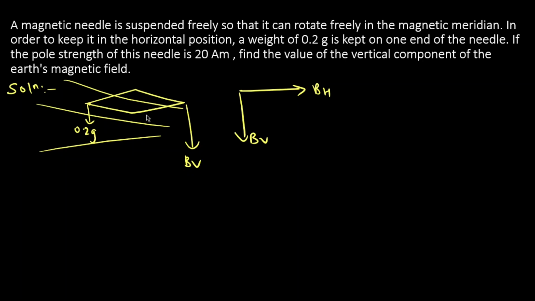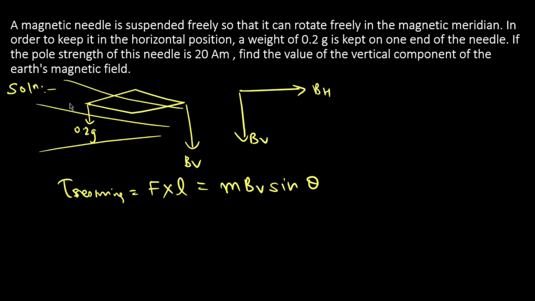So this torque will try to move this magnetic needle downwards, but since there is a weight, this weight will try to act as a restoring torque. So this restoring torque will be equal to force into this length of the needle, that is L, and this restoring torque will be equal to the torque due to this vertical component of magnetic field in order to keep this needle stable, which will be equal to M B_V sine theta.